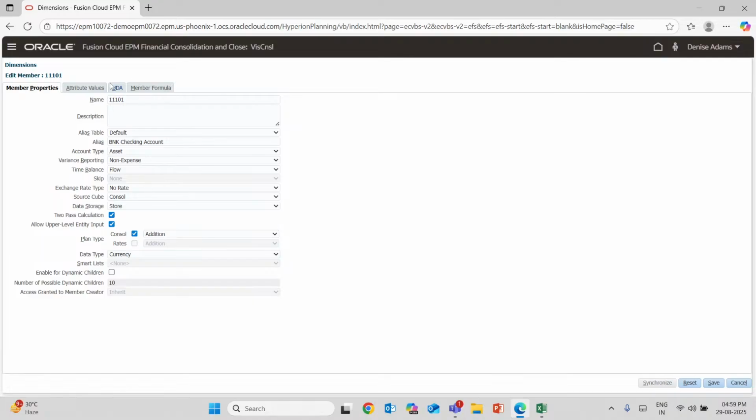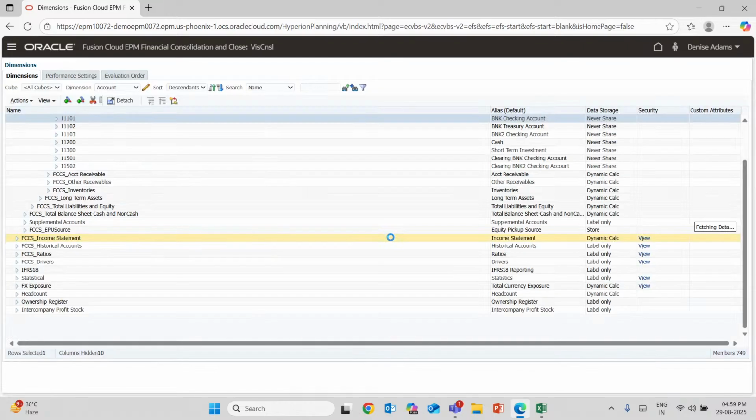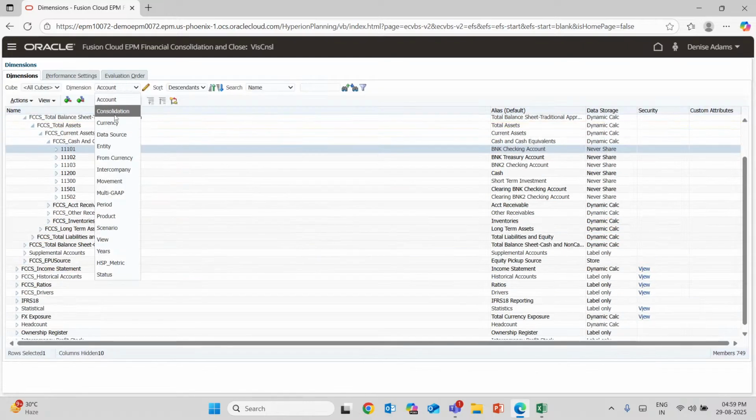So tomorrow I'm going to cover the other dimensions, which are multi-GAAP, entity, consolidation, currency, data input. I'm going to cover the other 10 standard dimensions apart from account, and the four custom dimensions.